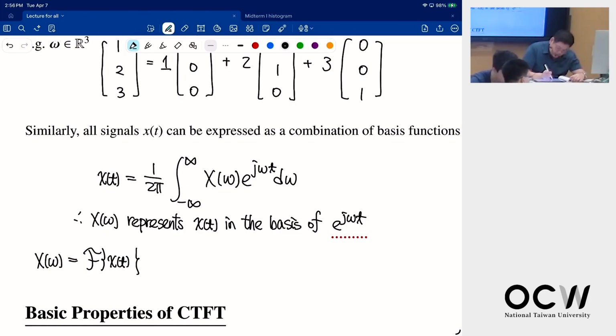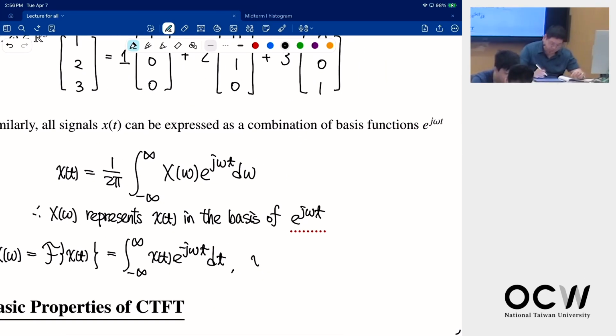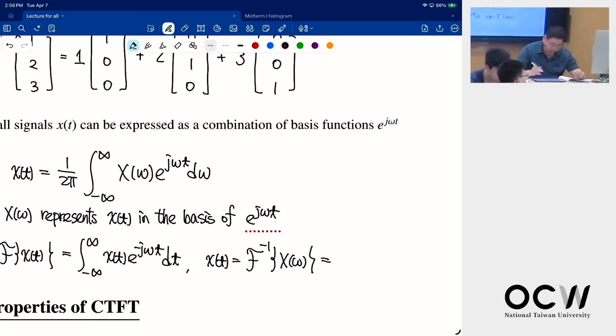Again, to get those coefficients, how do you get the coefficients? Your signal in the product with the basis. Here, when you do the inner product, we need a conjugate. You can also think about this signal as a combination of the basis function 1 over 2 pi.